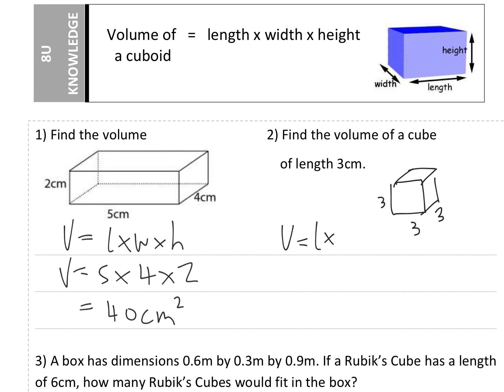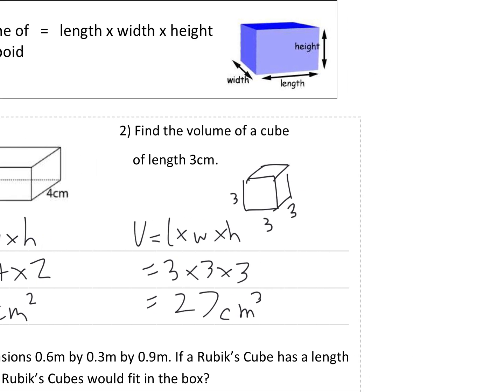If we treat a cube like a cuboid, it's length times width times height, which is just 3 times 3 times 3, which is 27 centimeters cubed. Because the dimensions are all the same, you could be clever and write down the volume is L cubed. That's the formula for a cube, and that would just be 3 cubed, which is 27 centimeters cubed.